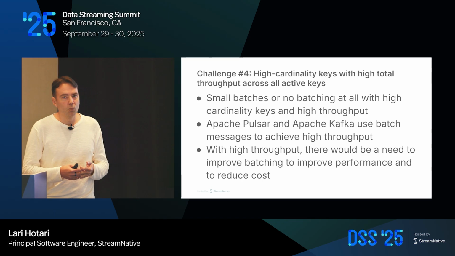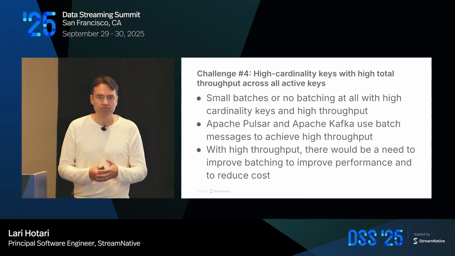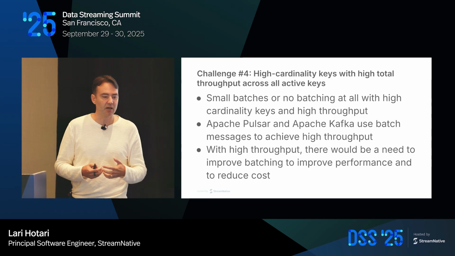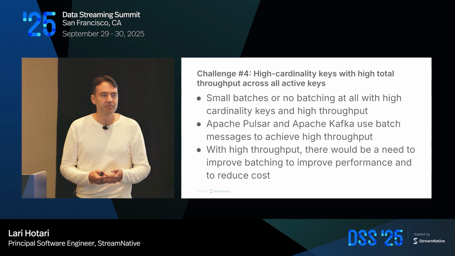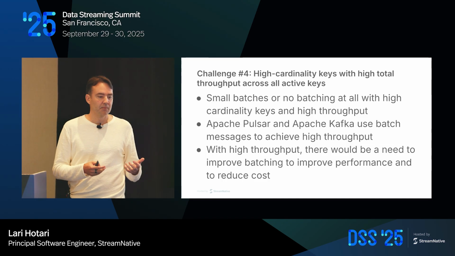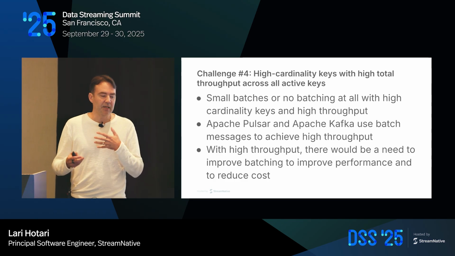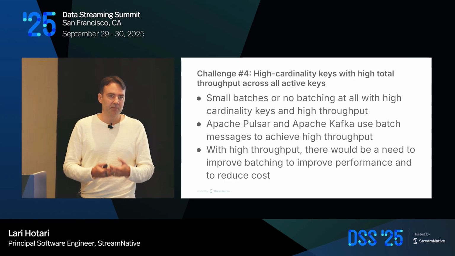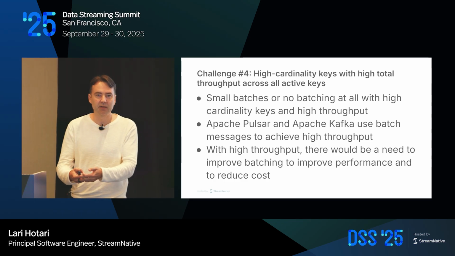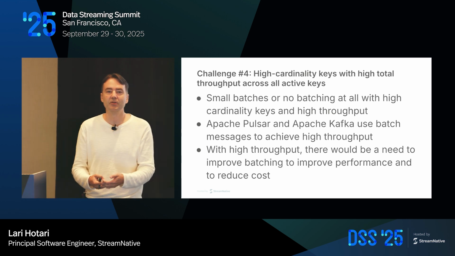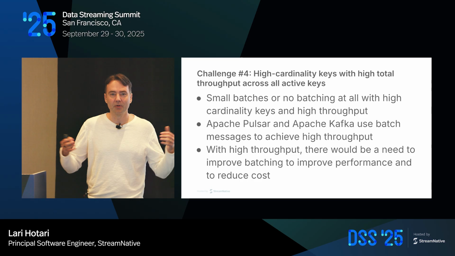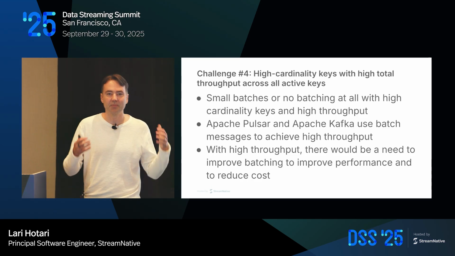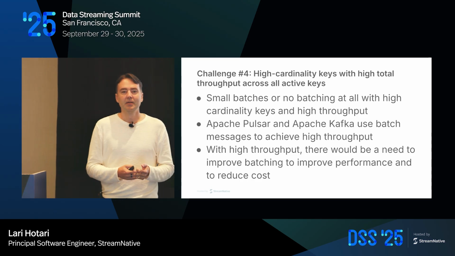And one of the secrets of Apache Pulsar and Apache Kafka high performance and high throughput is the use of batching. In these cases, one of the details in key-ordered processing is that you cannot batch different keys together, you have to always batch the same key into the same batch.